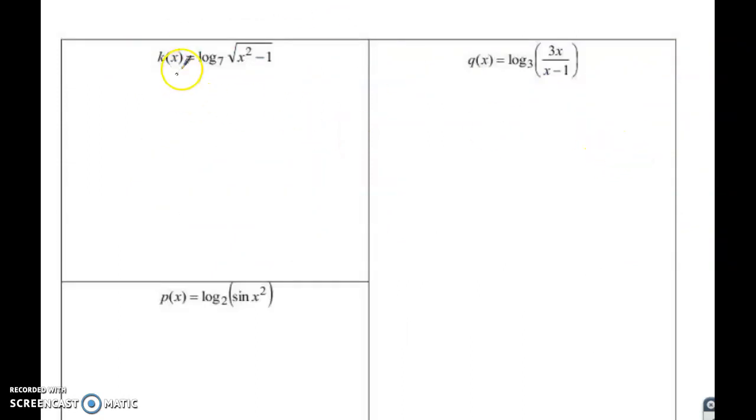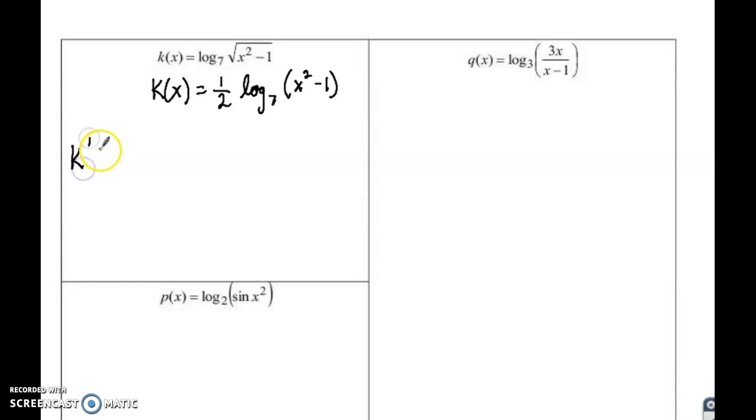And some more problems may remind you of the shortcut that this is to the 1/2 power. So k of x is actually equal to 1/2 log base 7 of x squared minus 1. Now you can't move this x squared in front because it's not the entire function. You can move the 1/2 in front because it was the entire function.